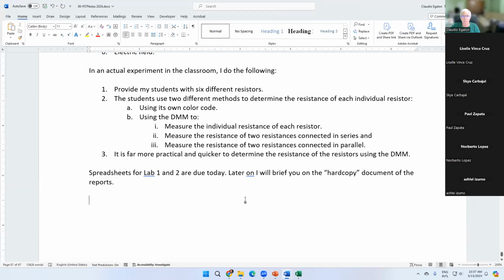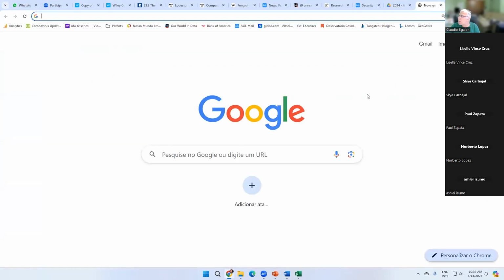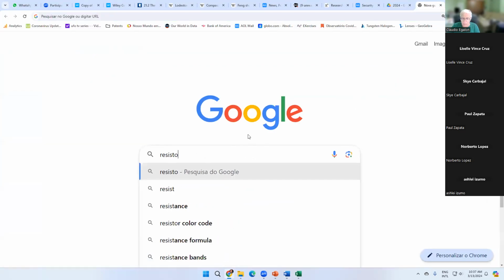Okay, so first, I believe I mentioned that to you before, in case I didn't. Resistors. Resistor Wikipedia.